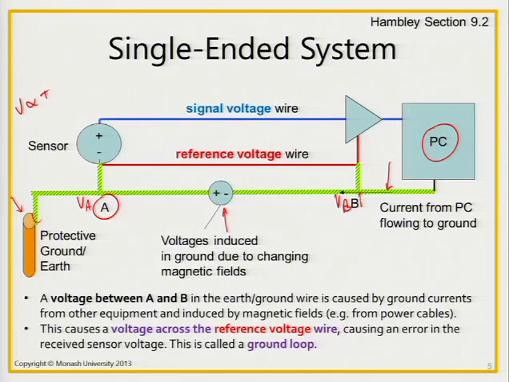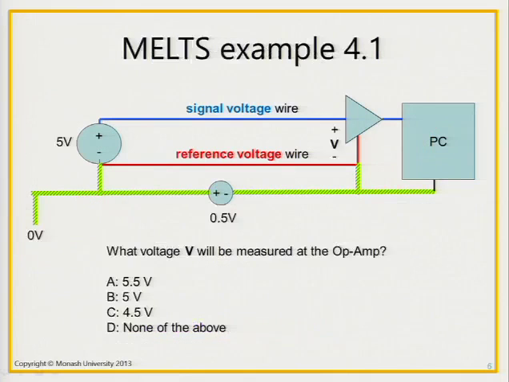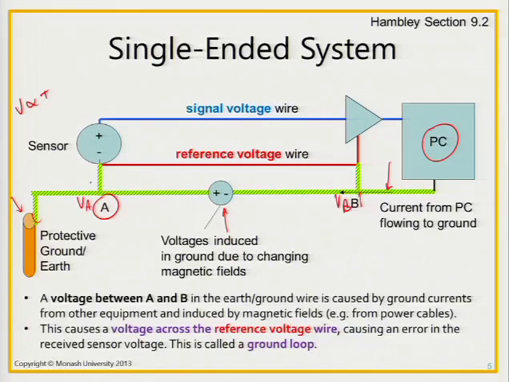Well, the voltage at VA is different from the voltage at VB, and these are connected to the ground points on either end. VA is connected to the ground point at the sensor, and VB is connected to the ground point at the receiver.